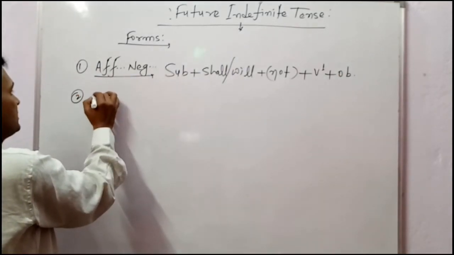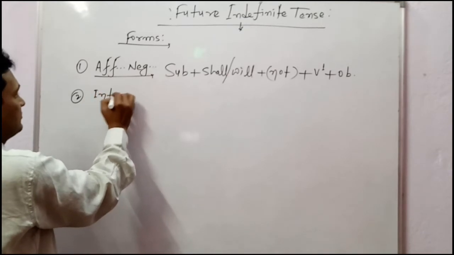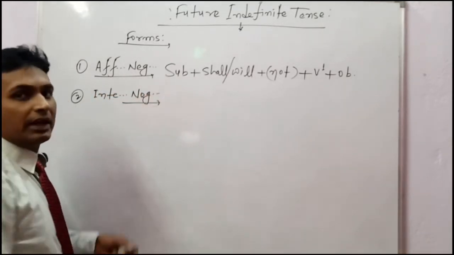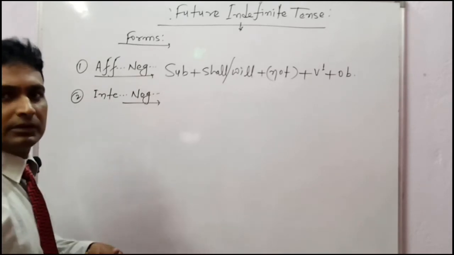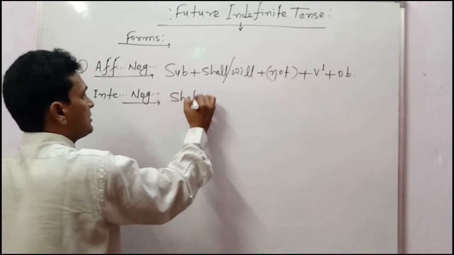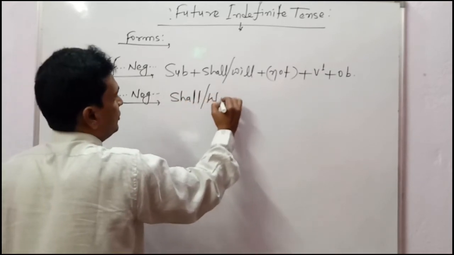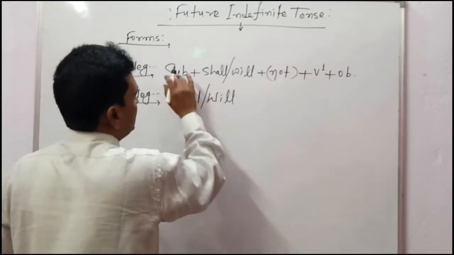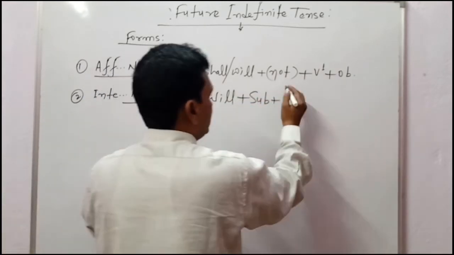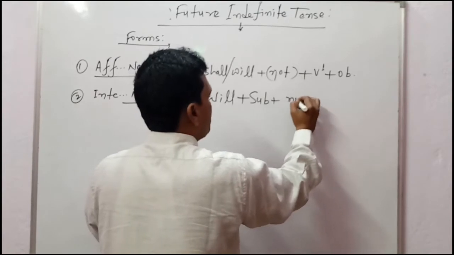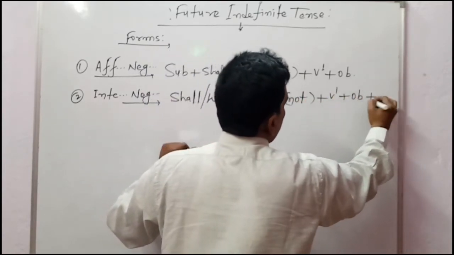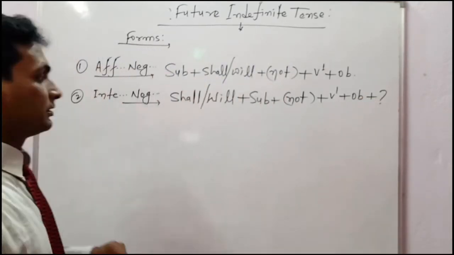The second one is interrogative and negative. What you have to do, you have to put shall, will first, and then the subject will take its place. Subject plus the rest will remain the same, not in brackets plus v1 plus object, and at last a question mark, right?